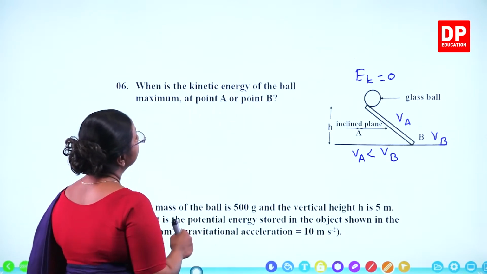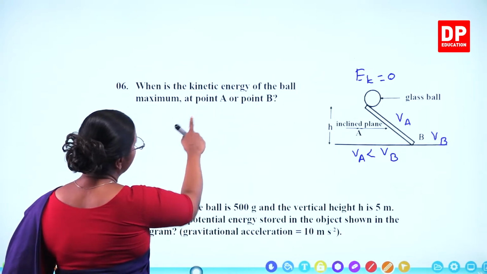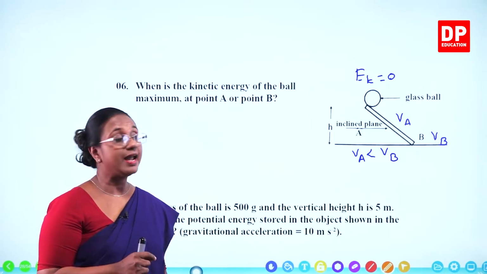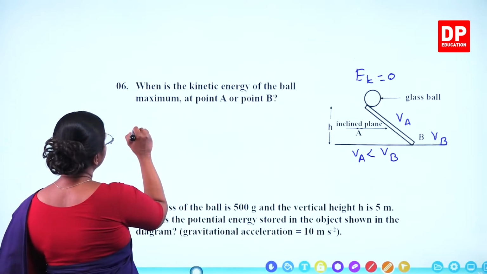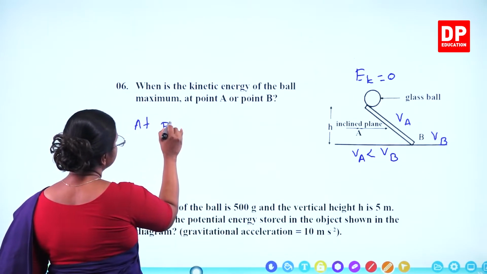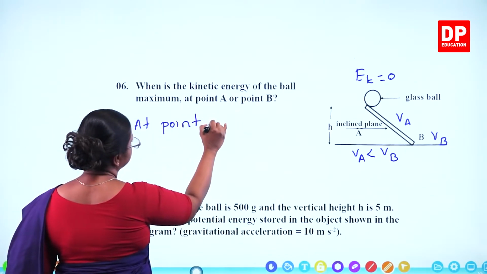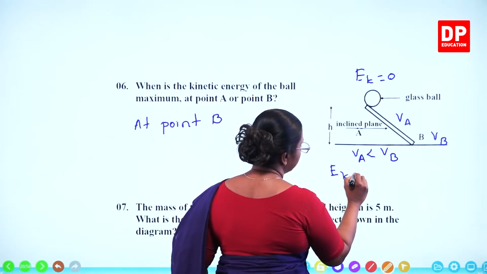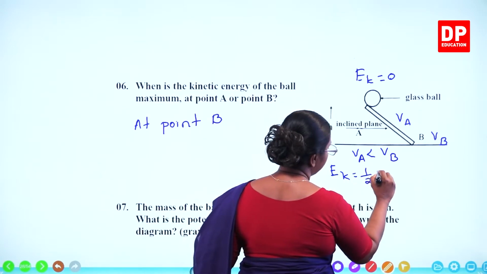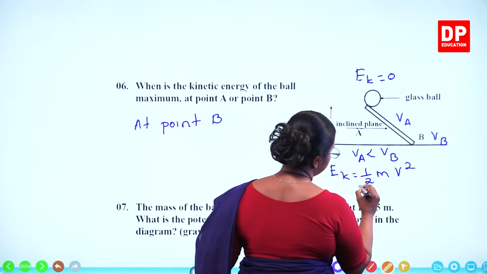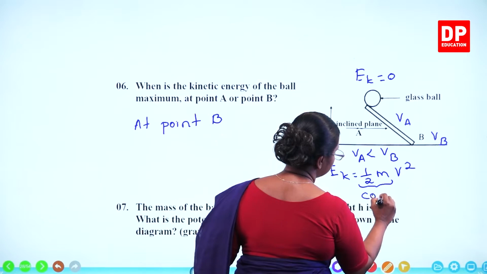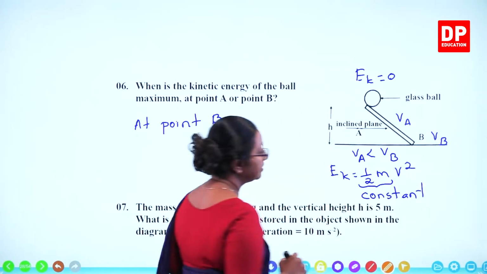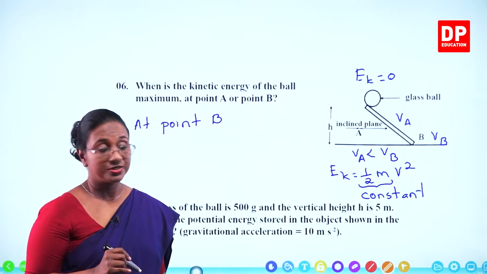So when is the kinetic energy of the ball maximum? At point A or point B? It will be the maximum at point B. At point B. Why here? Kinetic energy depends on half mv squared. So this is constant. So kinetic energy is directly proportional to v, velocity.